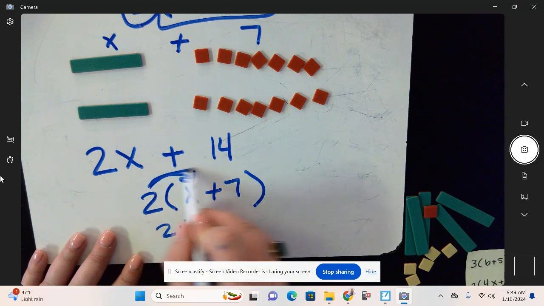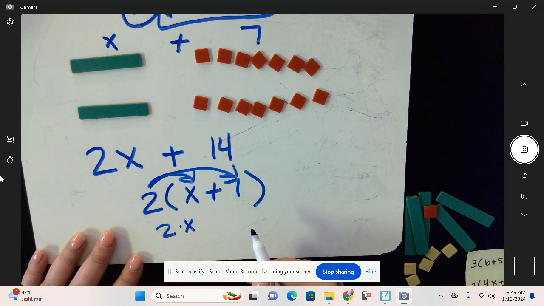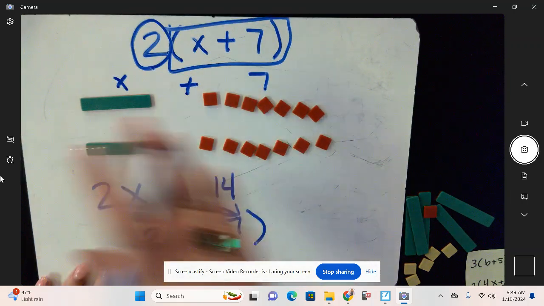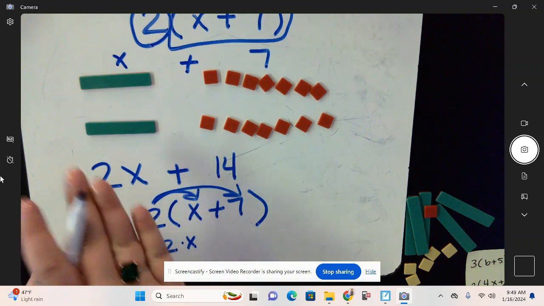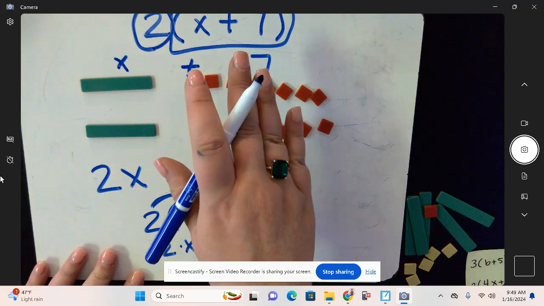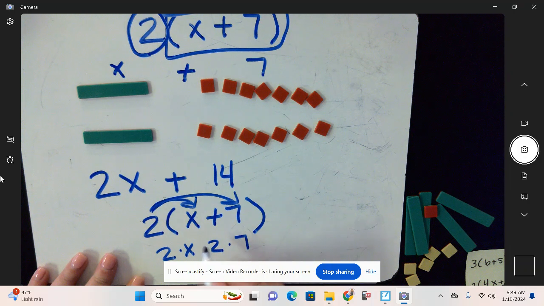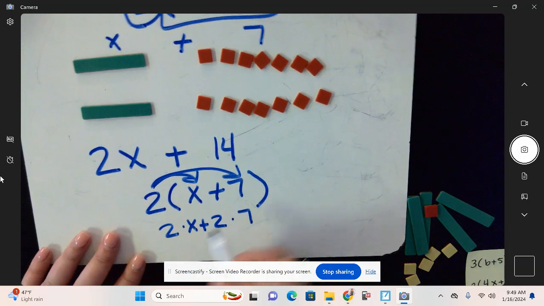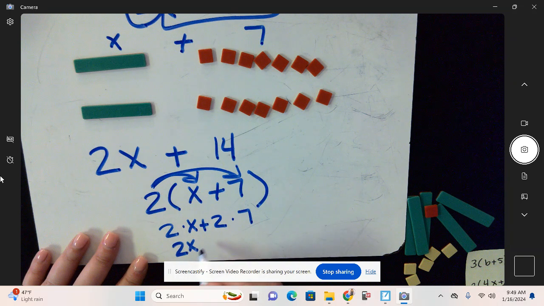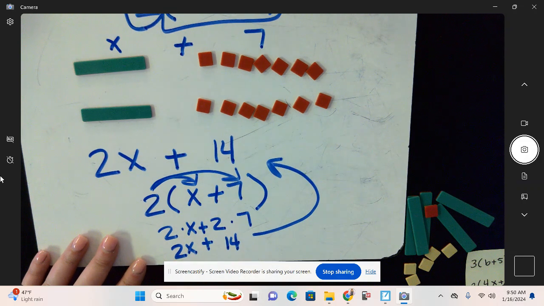But I also have to give it to the 7 because we built both pieces, right? So that 2 had to go not only to the x, but it had to go to the 7. So 2 times 7. All right, so 2 times x is just 2x plus 2 times 7, which is 14, which is the same as what we modeled, right?